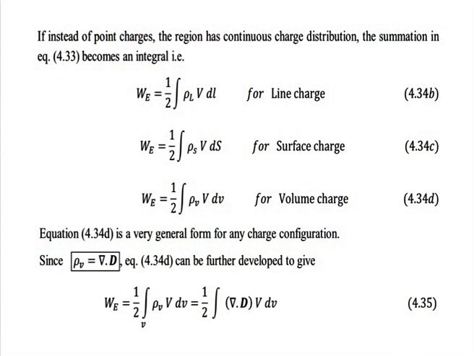Now, we know that Maxwell's first equation is del dot D is equal to rho v, and putting this value in 4.34d, we get equation 4.35, that is WE is equal to half volume integral of rho v V dv, which is equal to half volume integral of del dot D V dv.